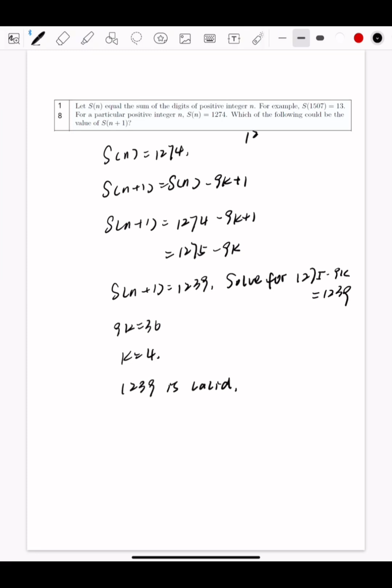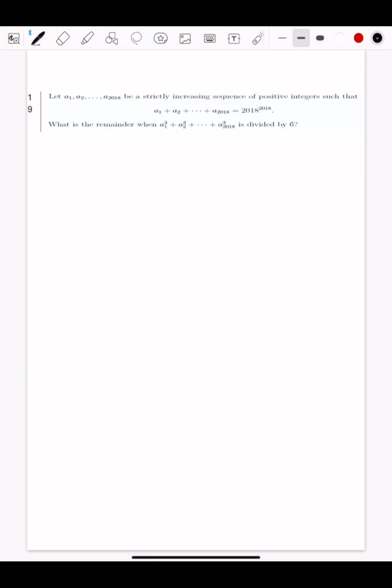So the answer is, we know for any n that is a cube, it has a fixed pattern.